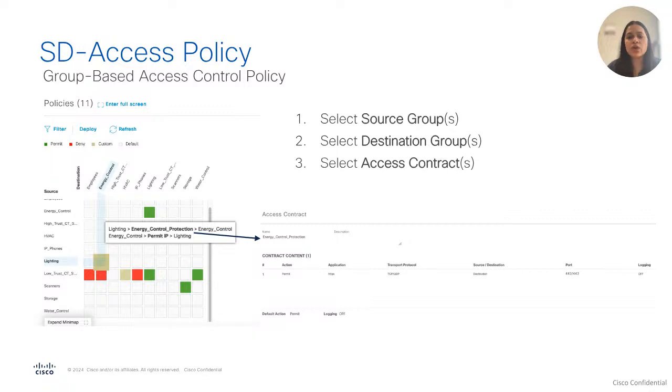If you double click on any cell in that matrix in the Catalyst Center dashboard, it'll give you the information of a customized contract that you've created. For example, in this screenshot, you can see that Lighting has restricted communication with the Energy Control Department and vice versa. This is the kind of representation that you will see once you have everything created on Catalyst Center.